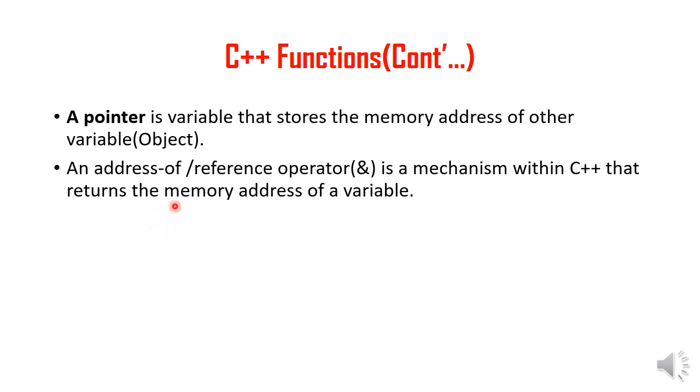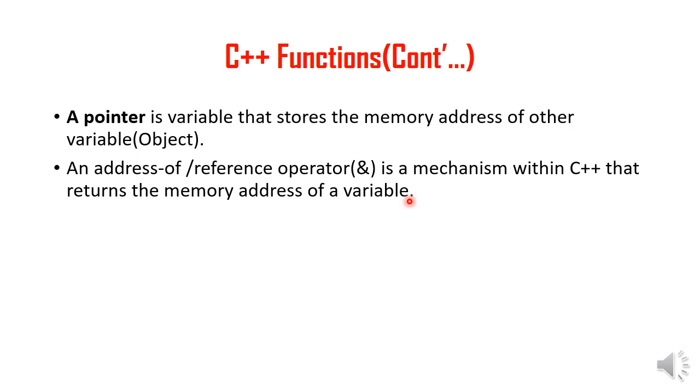In the study of pointers, we have two types of operators. The first is the address-of or reference operator, which is denoted by the ampersand symbol. So what is an address operator? An address operator is a mechanism in C++ that returns the memory address of a variable.